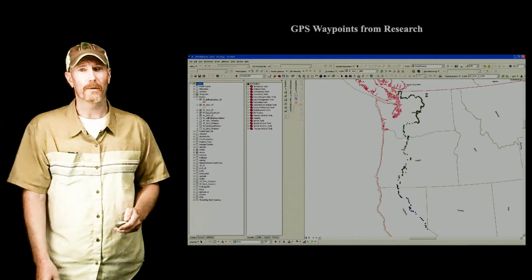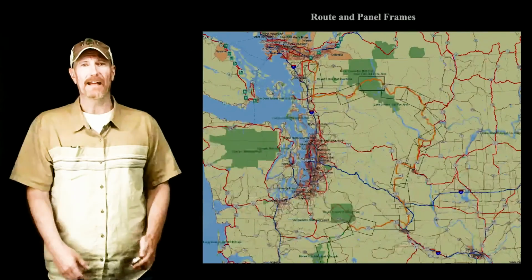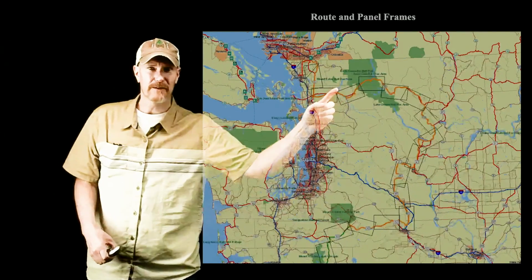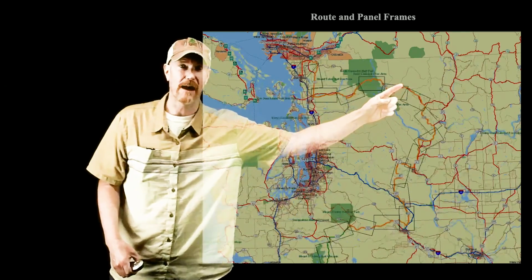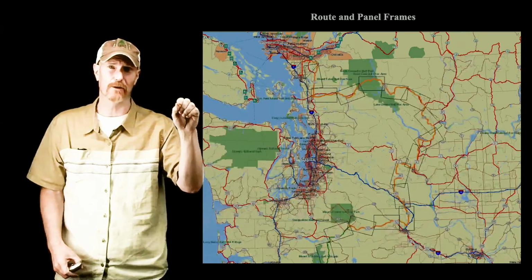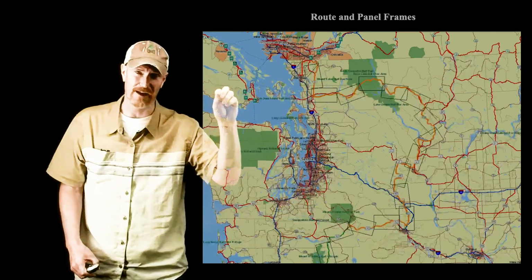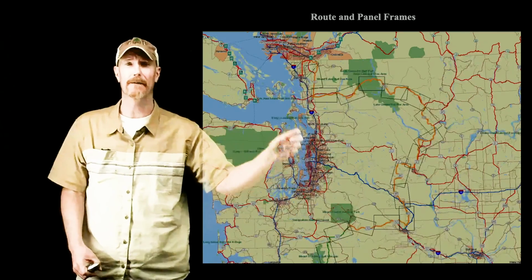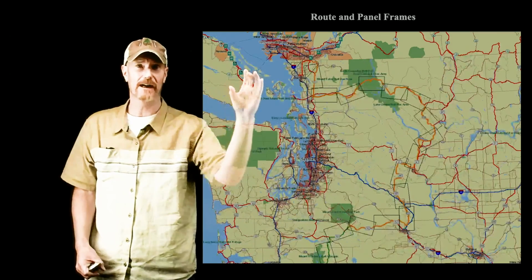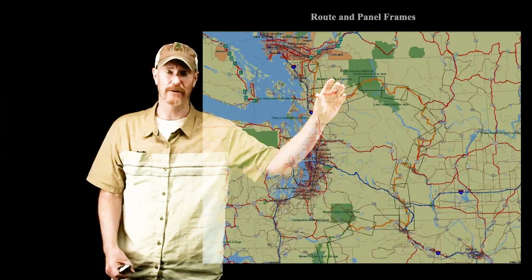So, what we did is we laid it all out in map panels, and these might be a little bit difficult to see, but these little squares, this red line running here, that's the route. So I went in and used those route markers to find all the streets and select them out of the streets database that Esri used to provide with their software, right? And then I had to break it up into those one-day travel map panels.